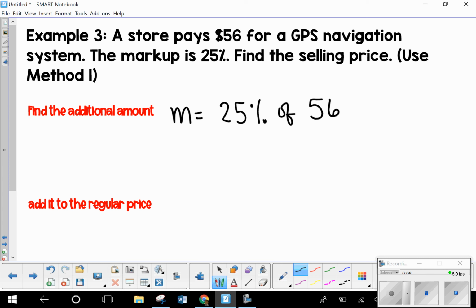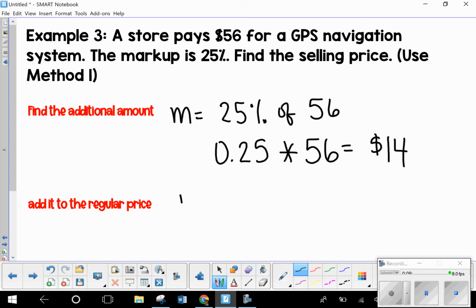So 25%, let's divide that by 100 to make it a decimal. It's 0.25. Of means multiply. 56. So our markup is going to be $14. This is the additional cost that the store is charging.